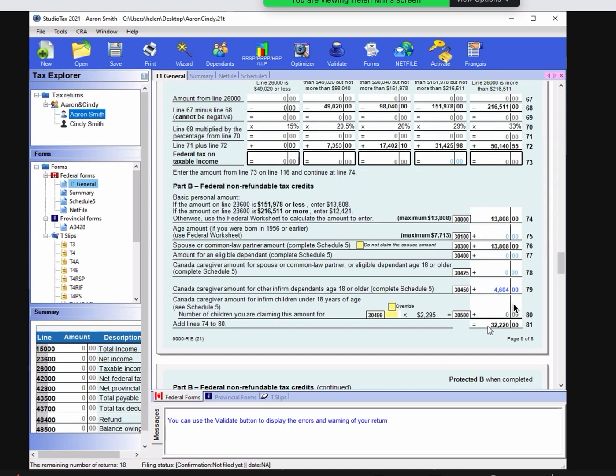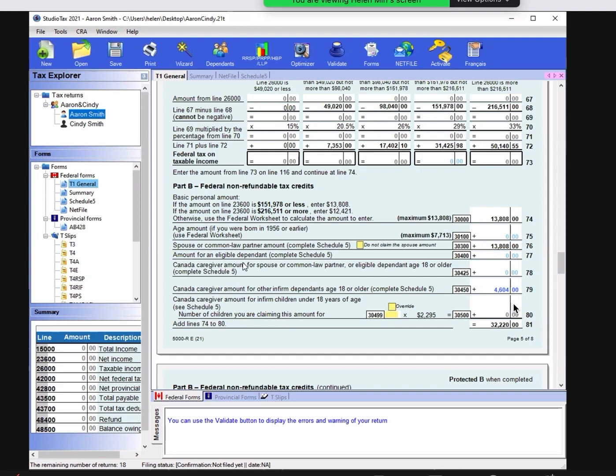Then when she did her 2020 tax return, she put her father as an eligible dependent because she thinks her father is dependent on her.